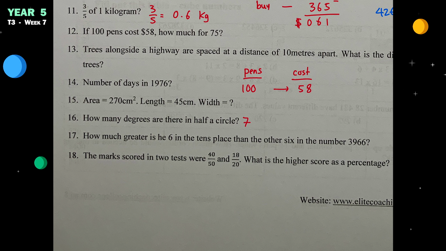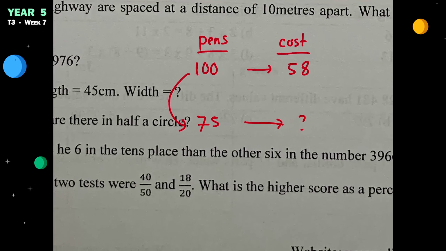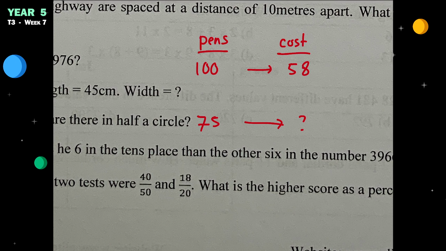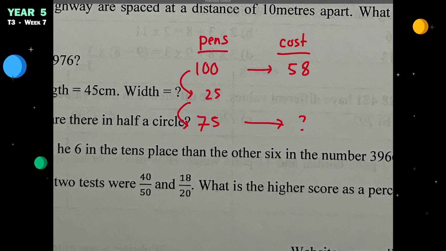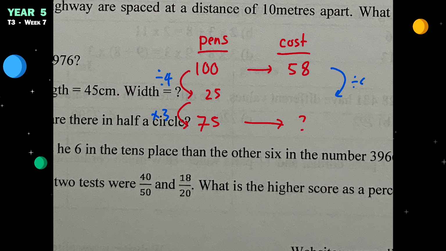For 75 pens, the question is how much will that cost you? To go from 100 to 75 is not one easy jump, so we just do 2 jumps. We're going to go to 25 first, and then from 25 to 75. To go from 100 to 25, I must divide it by 4. And then to go from 25 to 75, I times it by 3. Which means I do the exact same thing here, divide by 4 and then times it by 3.